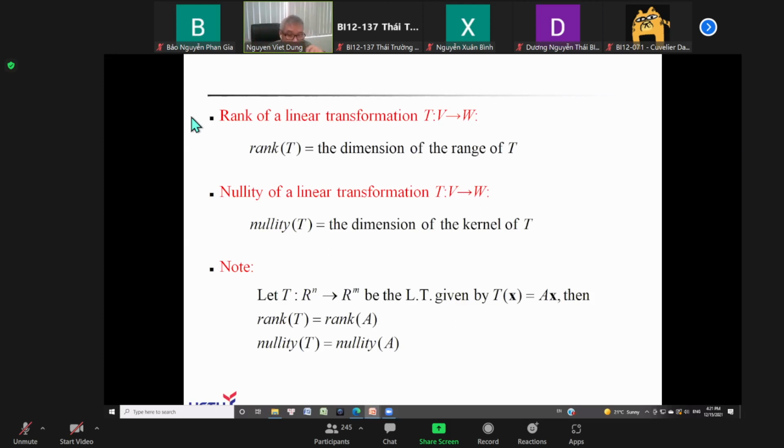And in case T is given by a matrix like that, you get back again what we studied already.